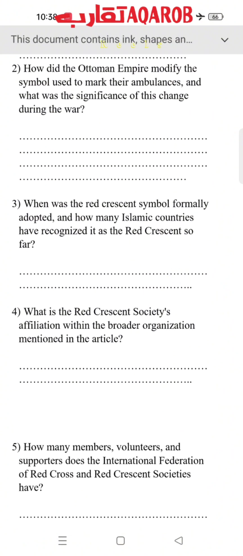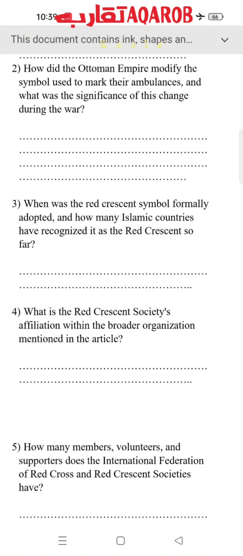Number 2. How did the Ottoman Empire modify the symbol used to mark their ambulances, and what was the significance of this change during the war?